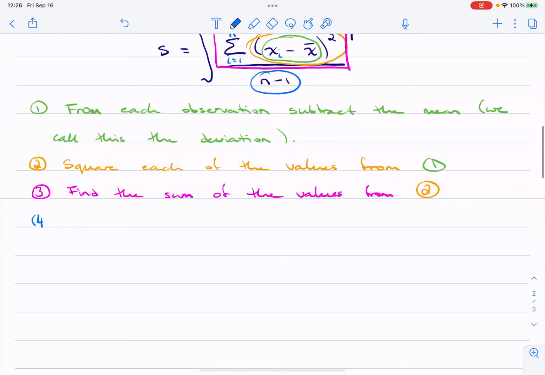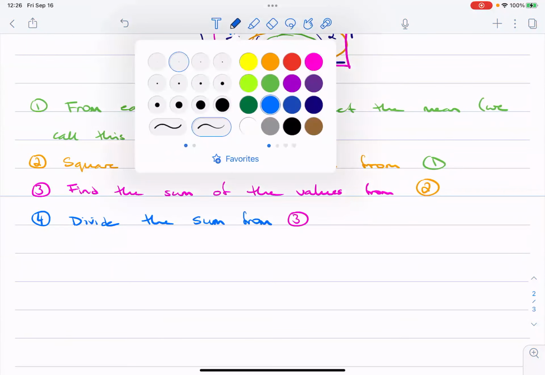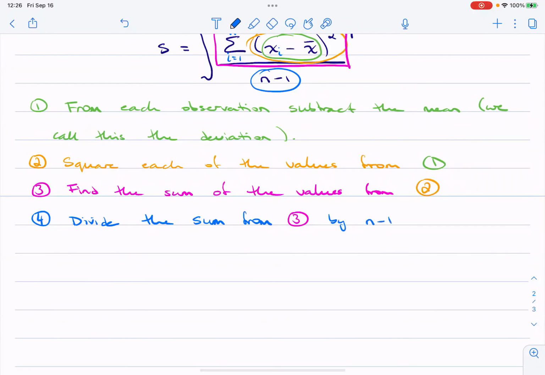In the end, it really is just because it gives us a better estimate than dividing by n does. Divide the sum from step 3 by n minus 1.